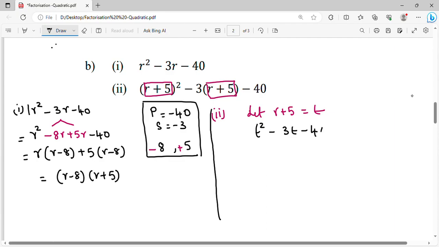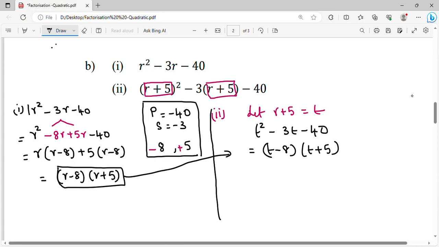So I can use the same factors, which is nothing but t minus 8 into t plus 5. These factors are the same, but only it's been replaced by t.